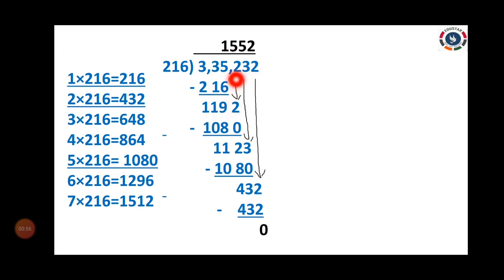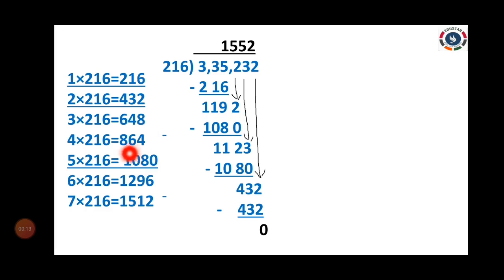Then we have 3 numbers remaining. So we are going to bring the numbers down one by one. First we bring down 2 alone. So 1192. How many 216s are there in 1192? So check the multiplication table here. Already I told you that the product of two numbers is less than 1192 or equal to 1192, but it is not equal.